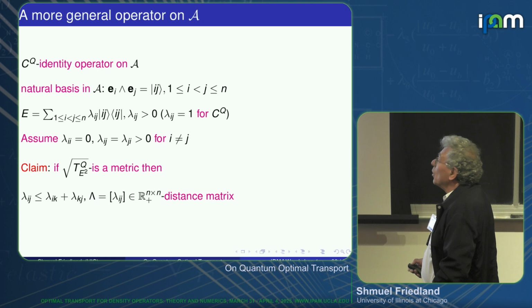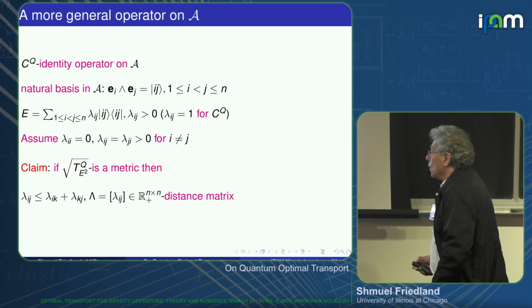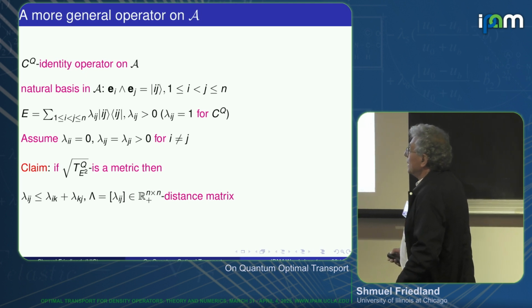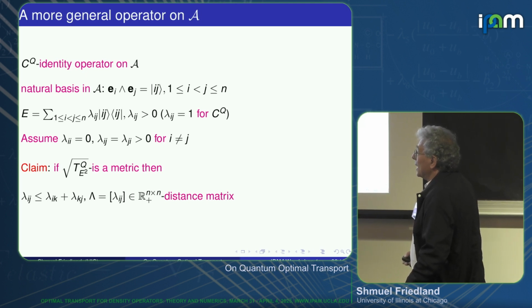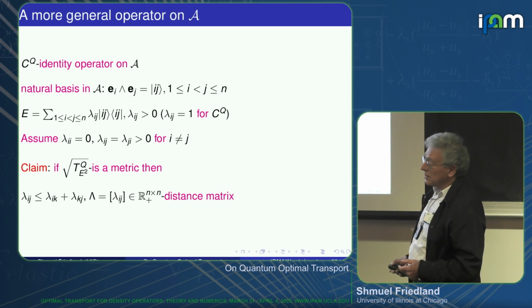So you want a slightly more general metric. How about, let's say, putting the square root of 2 TQ squared? Is that a metric? If this is a metric, we have to have that lambda ij is a distance metric, as I talked about.